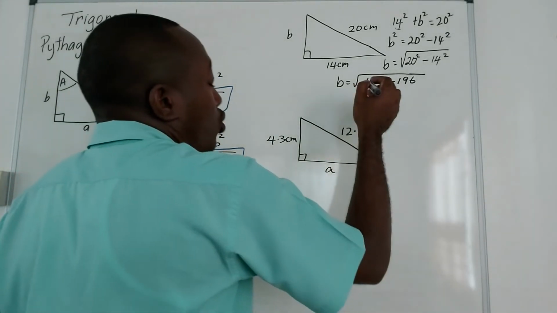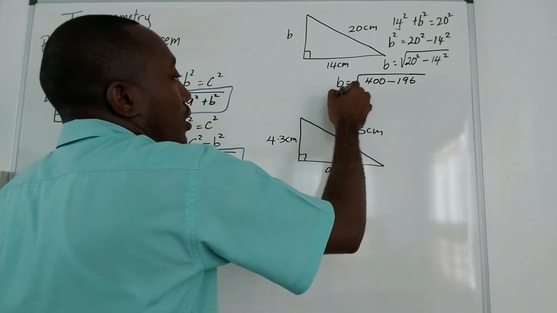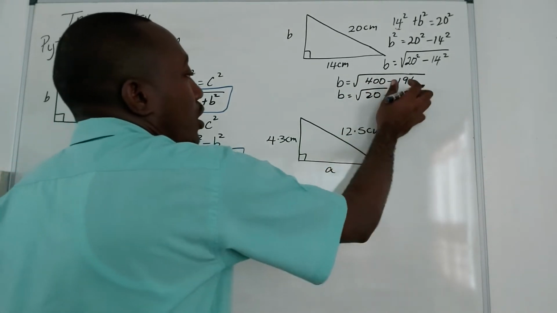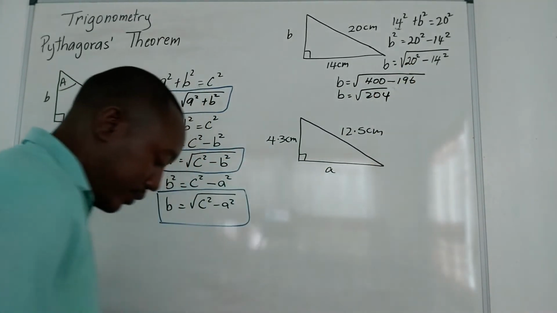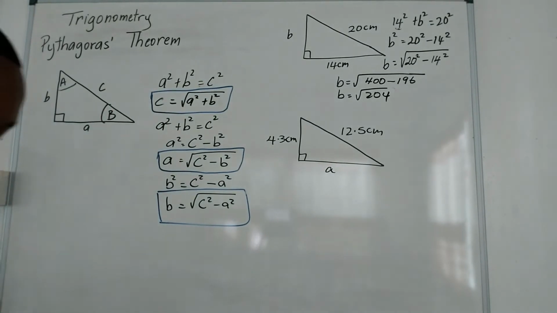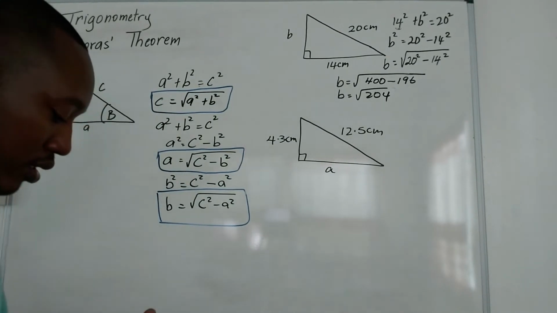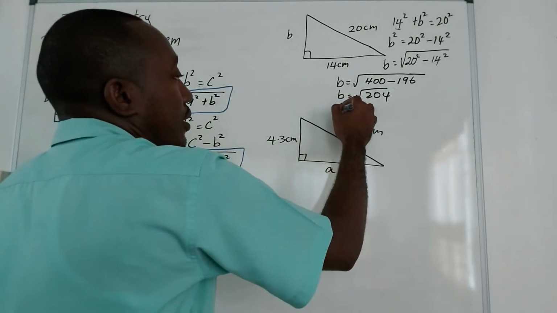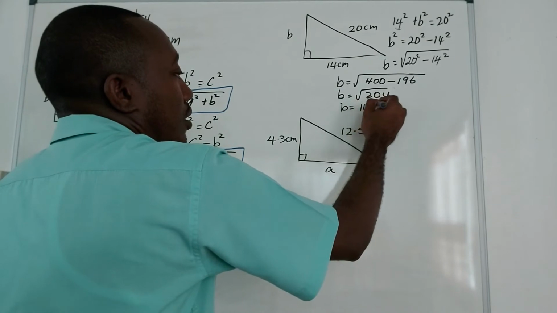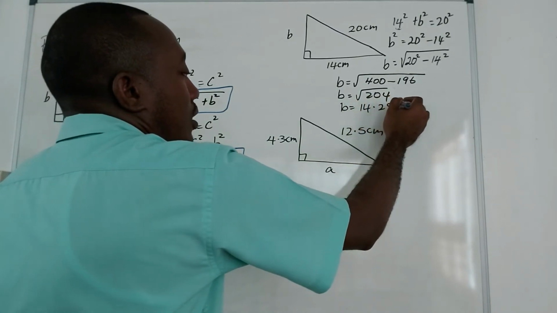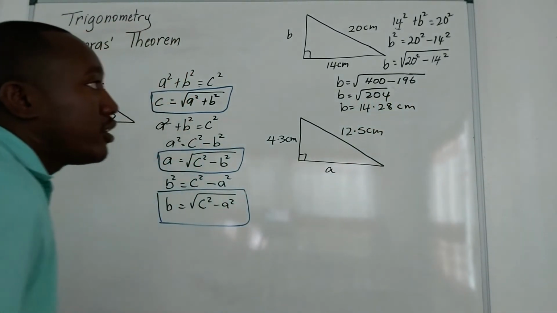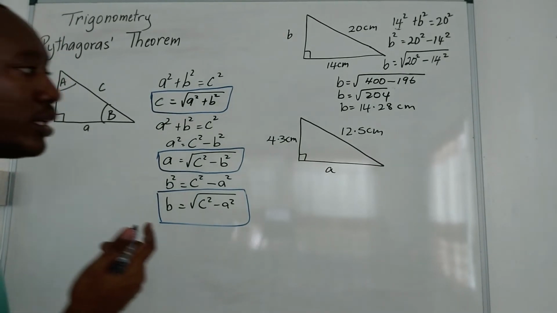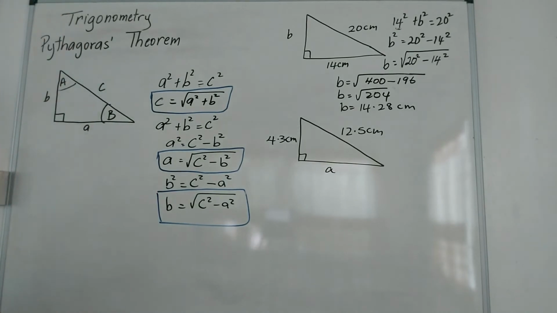Gives us 204. And the square root of 204 is 14.28 to 2 decimal places. Alright? So I hope you have that same answer.